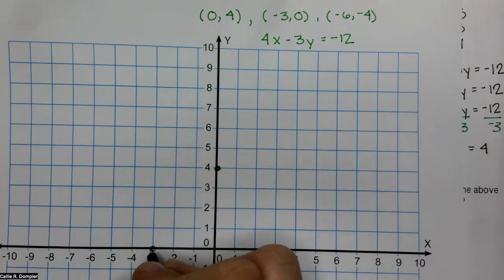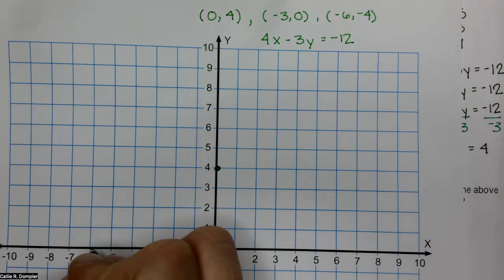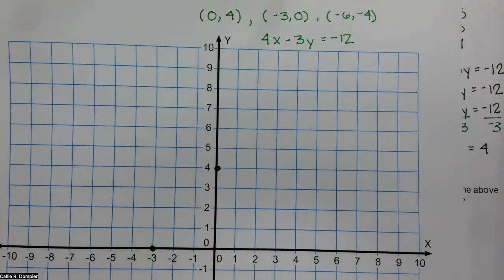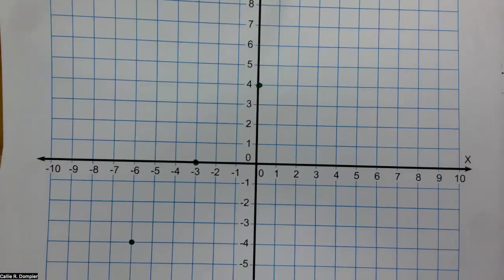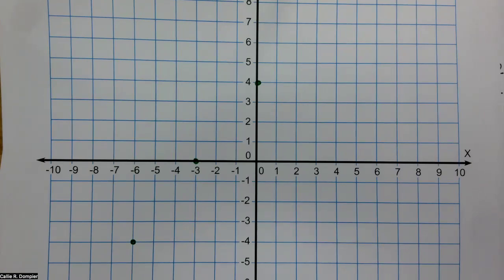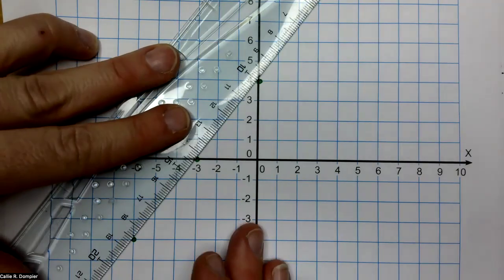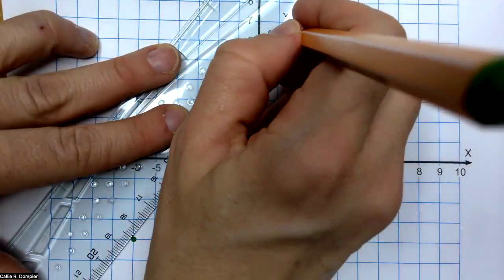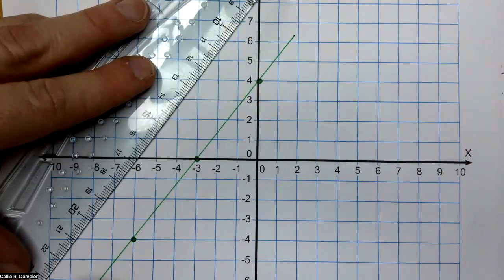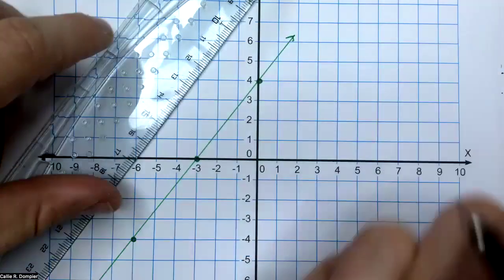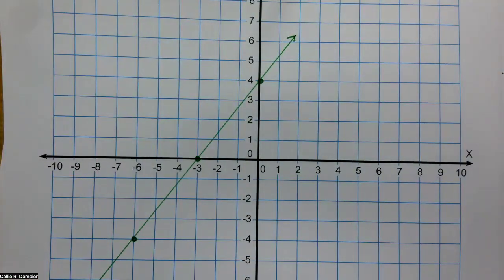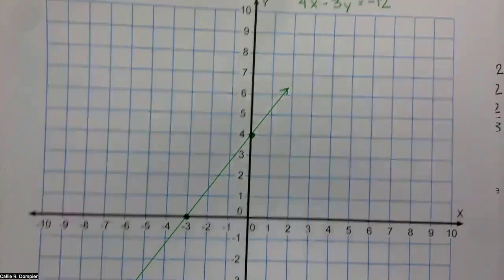Negative 3, 0 is right here. And negative 6, negative 4 is right down here. Now you might notice that you really only need 2 points to graph a linear equation. However, it's good to have 3 points just to make sure that you didn't make a mistake with either of your first 2 points. Good?